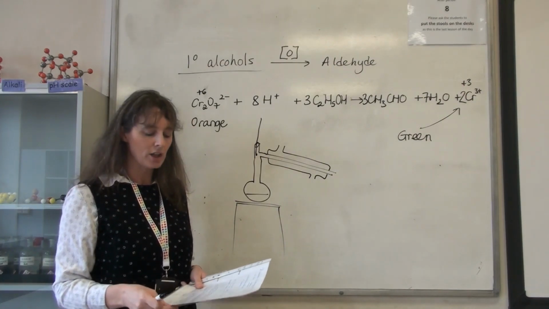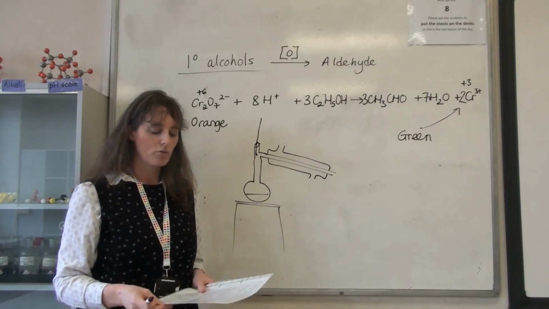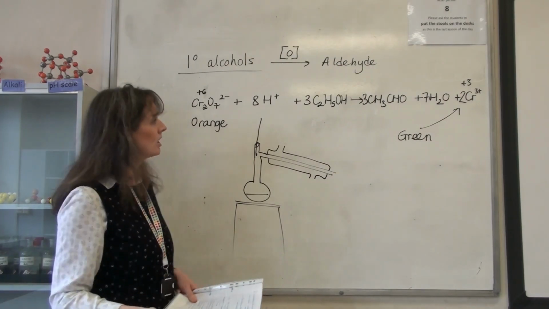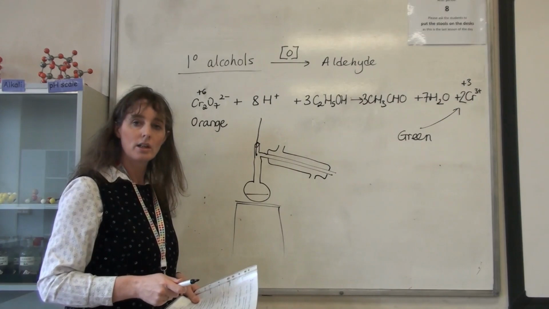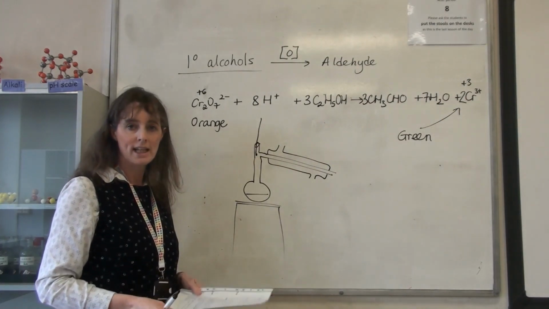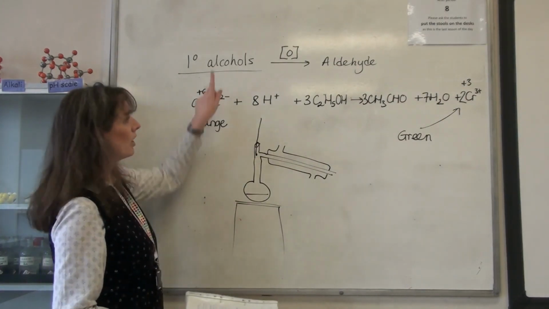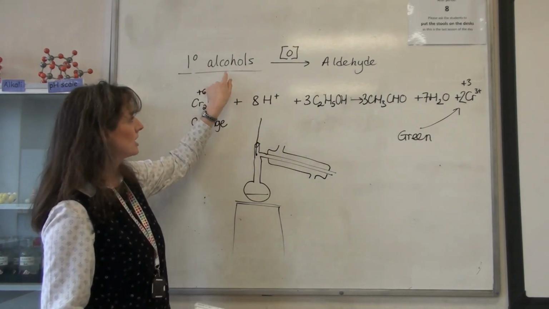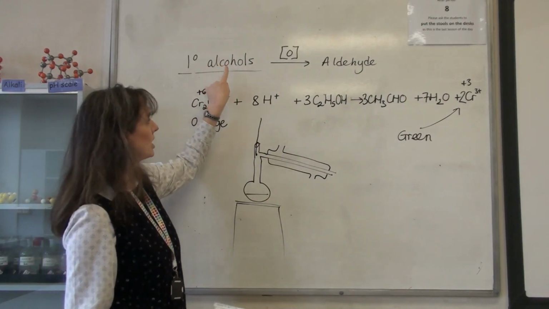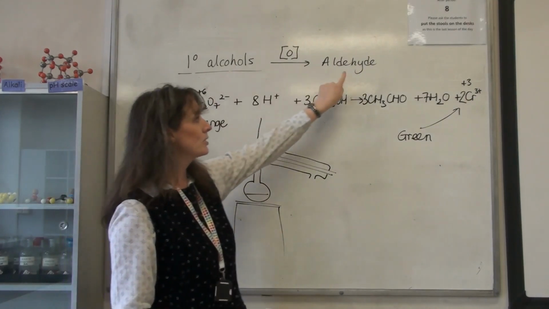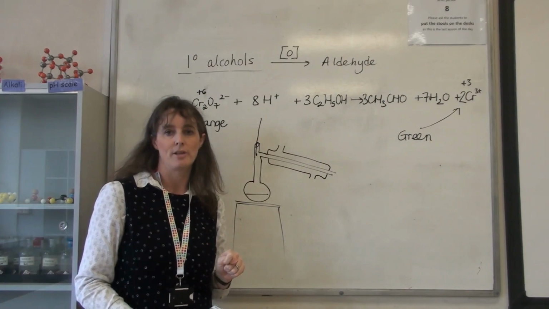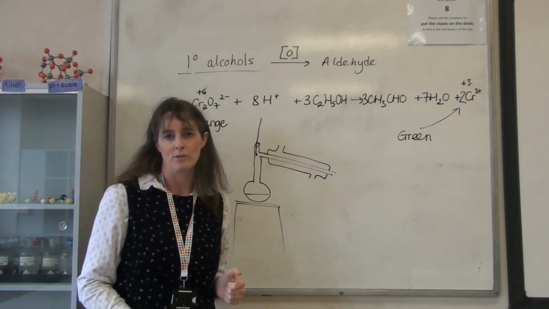So we're going to have a look at writing the equations, or I'd like you to have a look at writing the equations for the formation of the carboxylic acid. So earlier, right at the start, we looked at a specific reaction where we changed a primary alcohol into an aldehyde, and we had the O in square brackets on the left. You might want to rewrite that one out.